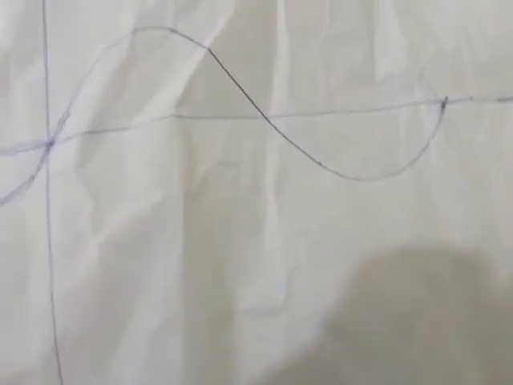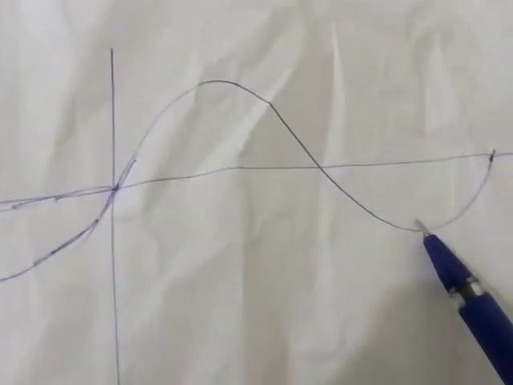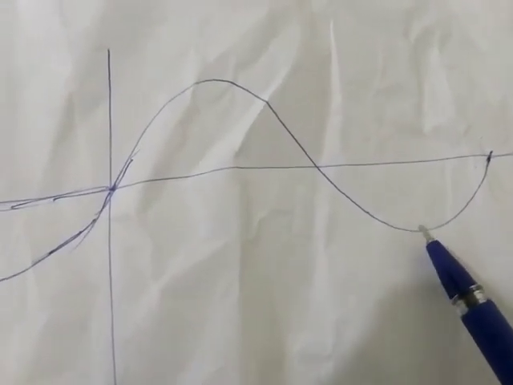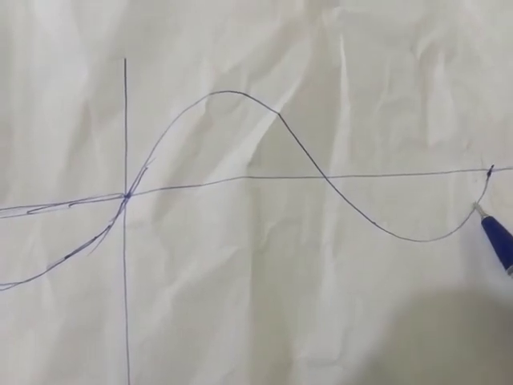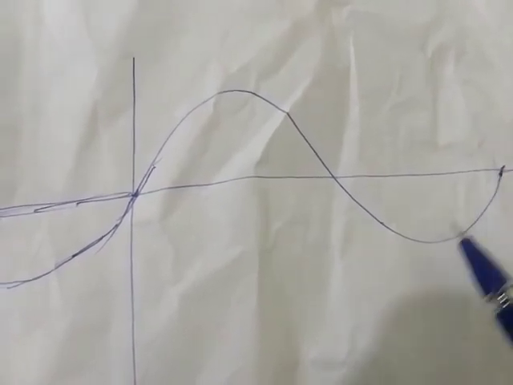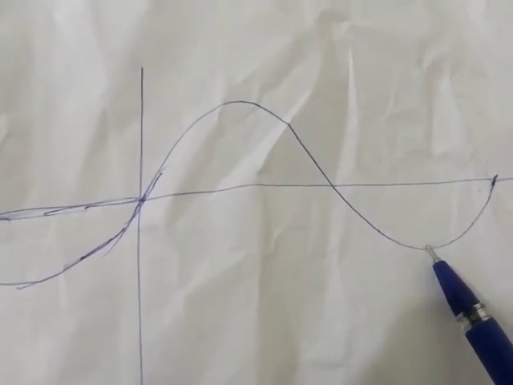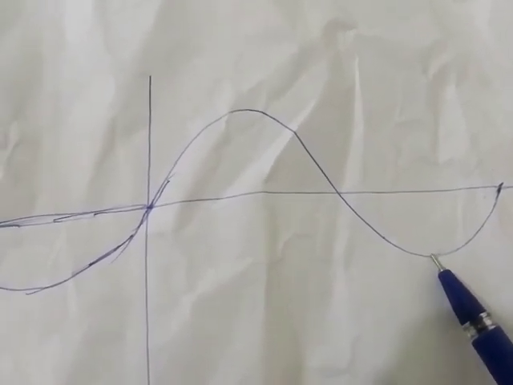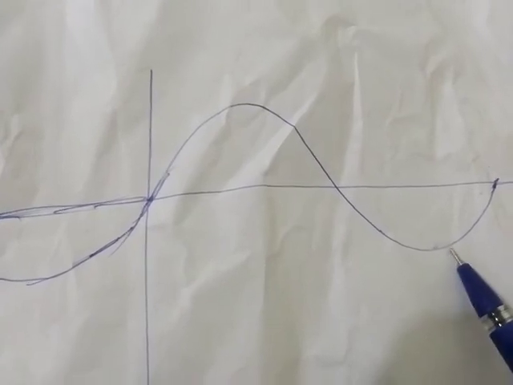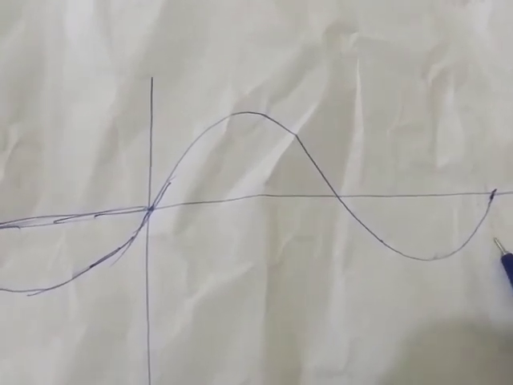When the supply voltage goes to 0, the capacitor voltage will not go to 0, it will retain that value. A small decrement will be there due to some leakage during this duration.